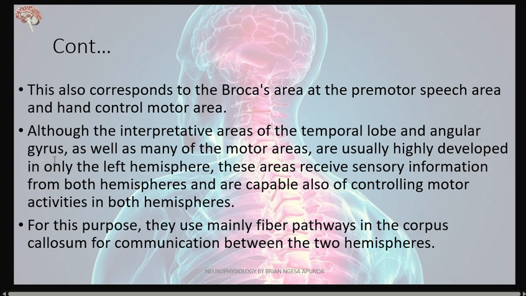So we've been suggesting the Wernicke's area as very important in decoding a language or decoding words.